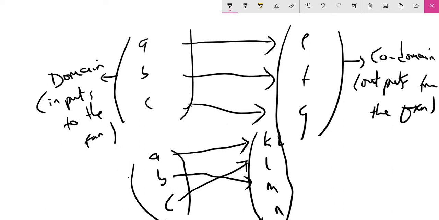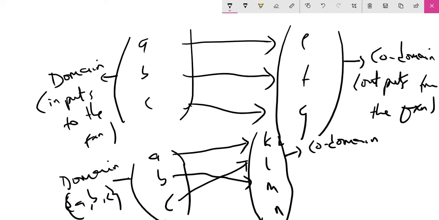Again, this is the domain. The domain is A, B, C. But now, of course, we have the codomain, which is just every single thing, K, L, M, N. Remember, regardless of whether or not one of the outputs is possible from the inputs, this is just the codomain.